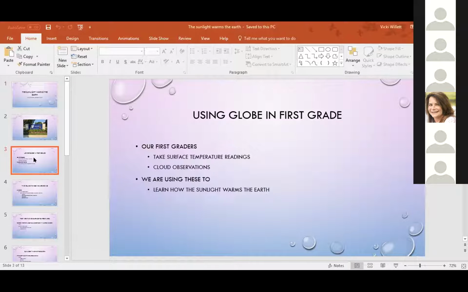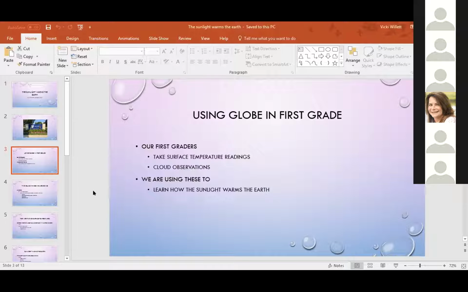Well, I know that Vicki's 1st graders took surface temperature readings and submitted those. And my children, we teamed up with a 3rd grade classroom and did cloud observations.